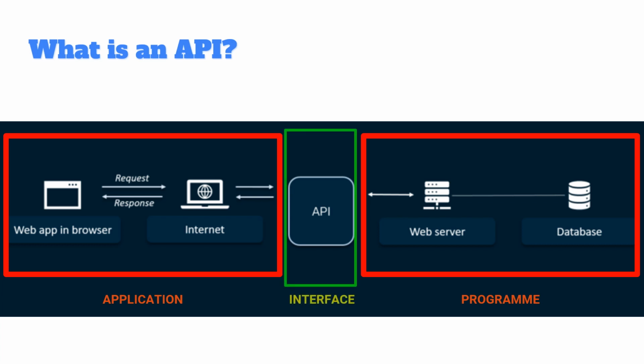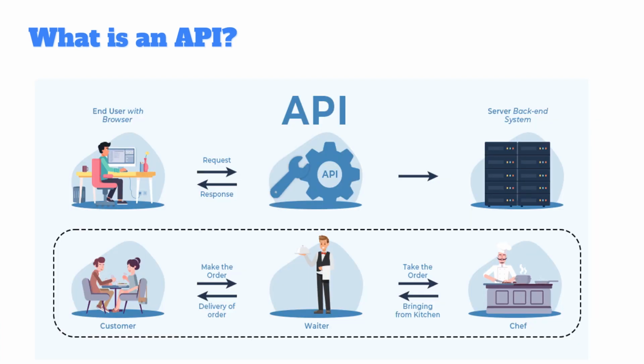And then we have the interface. An interface makes the connection between two things, in our case between an application and the program that uses it. It defines what the program can request from the application and then transmits program requests to the application. Finally, the application responds to the program.